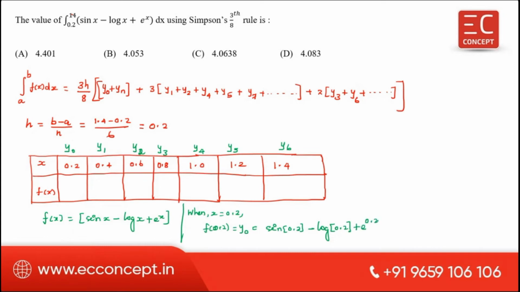See what kind of question the question maker asked. Without understanding the examination perspective, they have simply asked the question. Yes or no? How can the student solve this kind of question? So the question setter should understand these things, right? Here sin 0.2, who will remember sin 0.2?